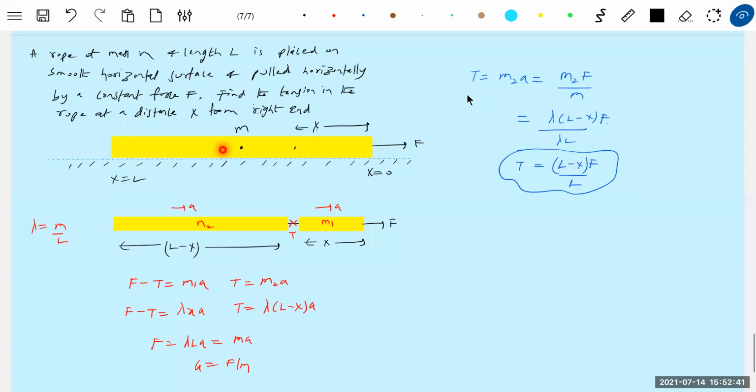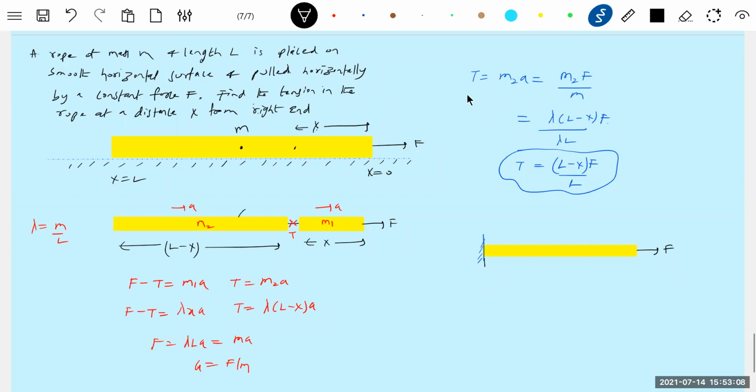With what force you pull the rope, that will be the tension everywhere? No, only at the end where you are pulling, that will be F. Now I am pulling this end with a constant force F. Is the rope moving or at rest?